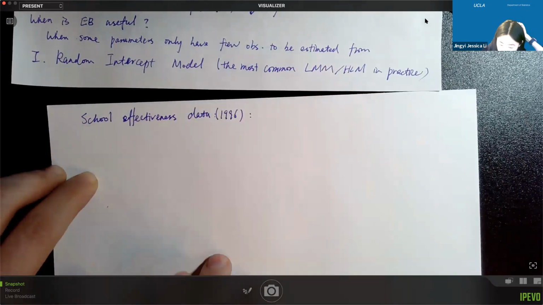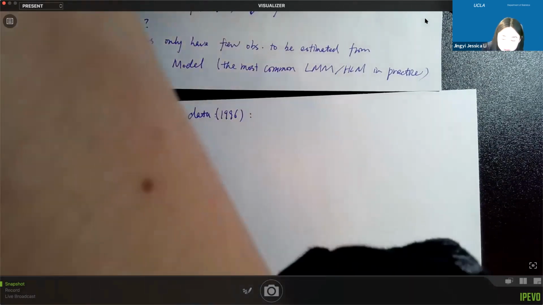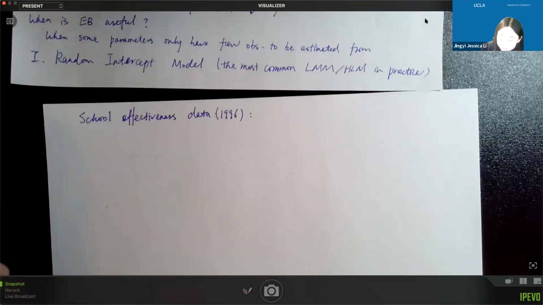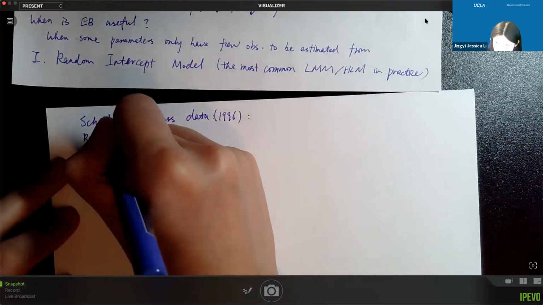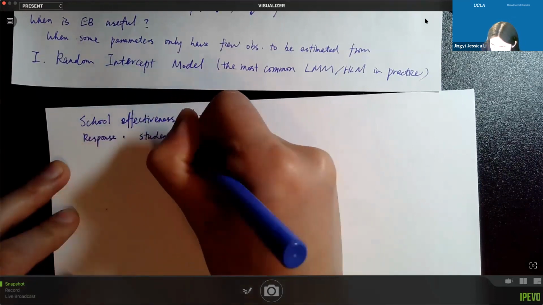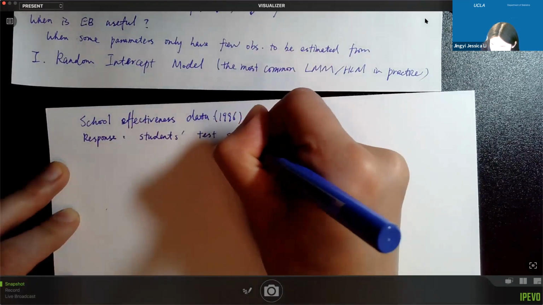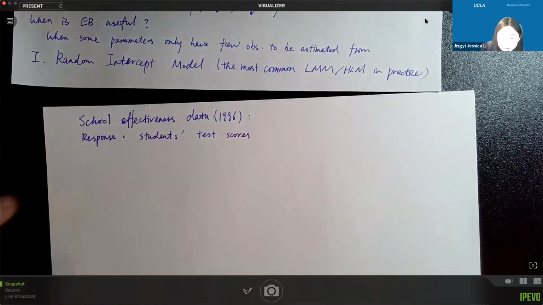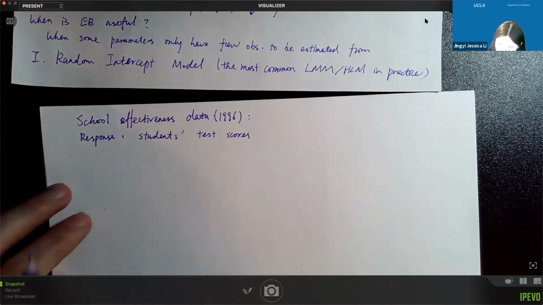And the data is regarding, here the response you're interested in, student standard test scores, such as the SAT score. And what we have is the school label.